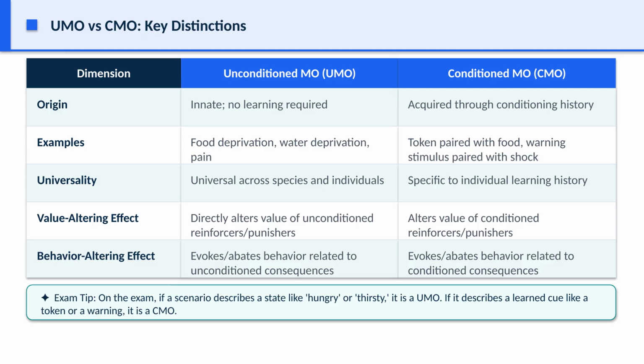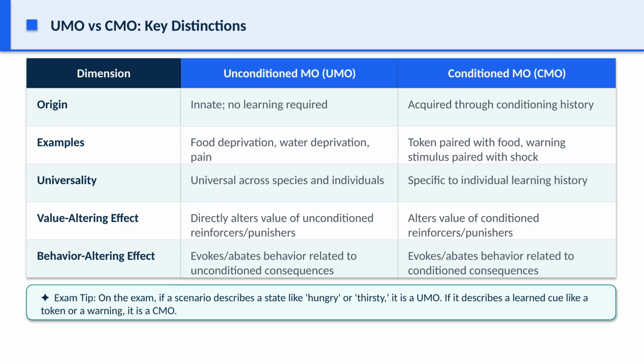In contrast, a conditioned MO, or CMO, is acquired through conditioning. For example, a token paired with food becomes a CMO because it only alters the value of token-related consequences after learning. The value-altering effect of a UMO directly changes the value of unconditioned reinforcers or punishers, like water or pain, while a CMO alters the value of conditioned reinforcers or punishers, such as praise or a warning stimulus.